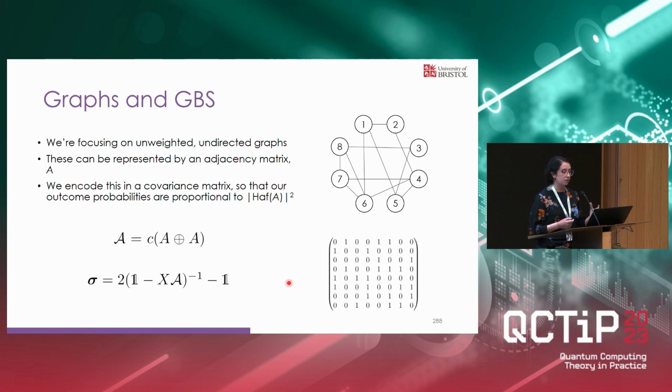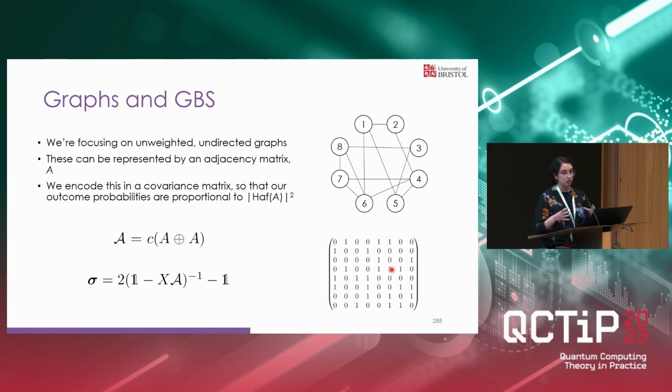So I'm going to be focusing on unweighted, undirected graphs, which means our edges don't have a weight or a direction. And these are represented by an adjacency matrix A. What that means is that this is a symmetric matrix where the element ij is a 1 if vertices i and j are connected by an edge, and it's a 0 if they're not connected.